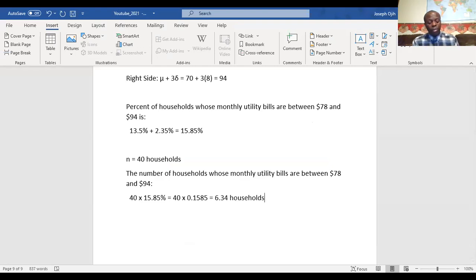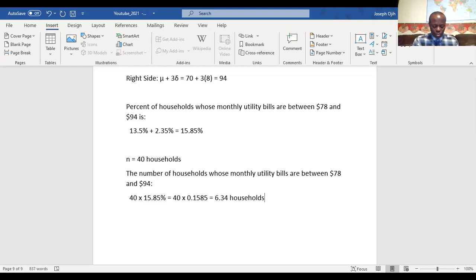We have the utility bills between $78 and $94. But you know, we don't have 6.34 households, do we?